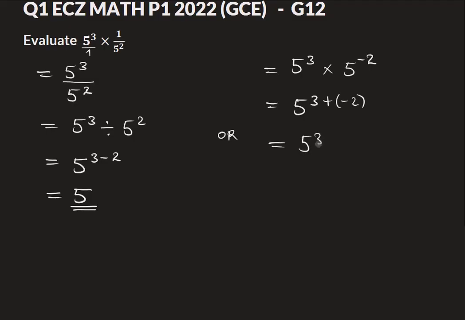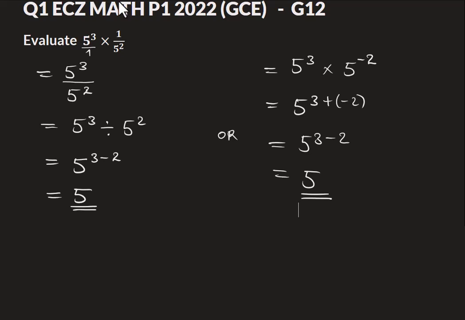From here you can see we get to the same step of 5 to the power 3 minus 2. Then we get the same properties you used to solve a particular question on indices. The main goal is, if you know your properties very well, you can get the answer for any question correct.